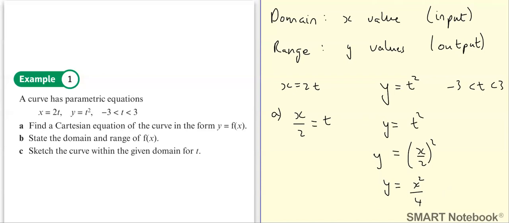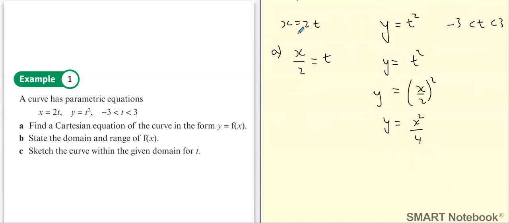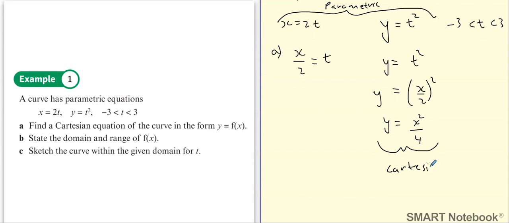So what this is telling us is that this parametric equation, because at this stage it was parametric, is the same as this Cartesian equation. We've eliminated the third parameter, and we've got just an equation in terms of x and y. Does that make sense? Can you please let me know with a yes or no?